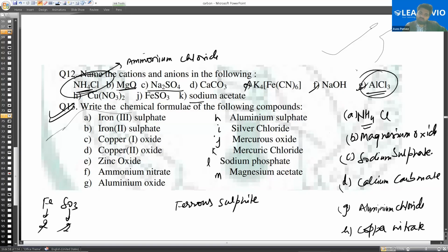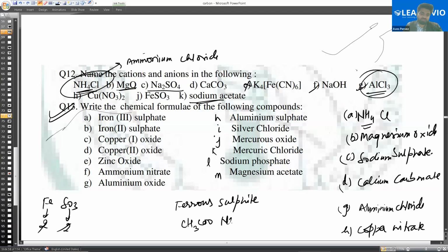And what is the formula of this compound? Sodium acetate. Anyone in the class who knows the formula of sodium acetate? NaCH3COO. But in this acetate ion we write the positive ion here.